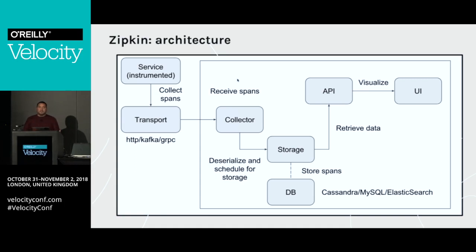So once you have your service instrumented, that will collect the spans internally and report them to a collector in Zipkin, through HTTP or Kafka, depending on your load. Then that collector will persist all that data in a storage, and then there is an API where you can query, right? And then there is a UI, of course, so you can use it.